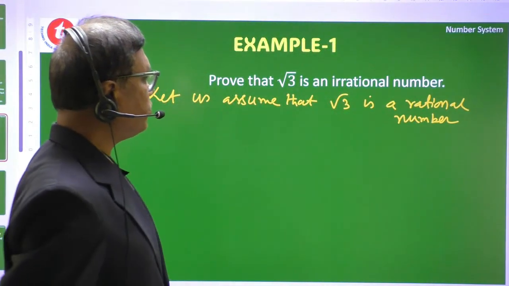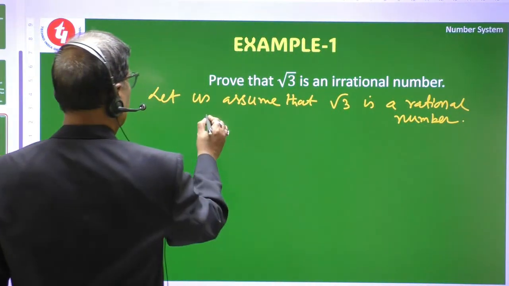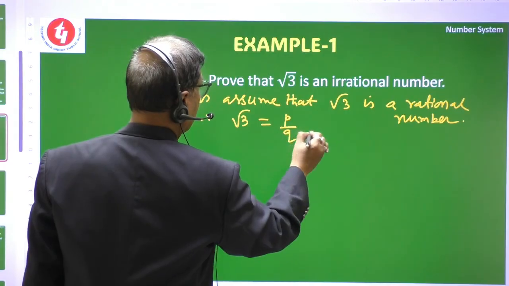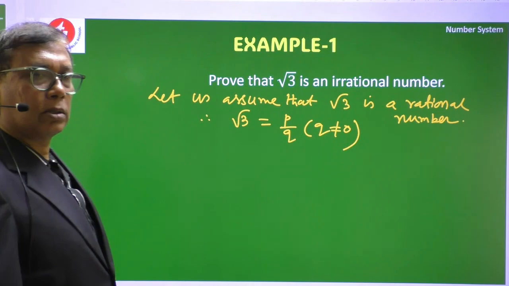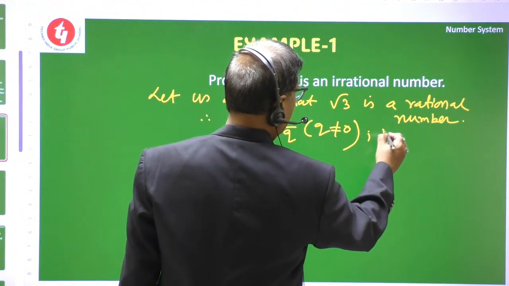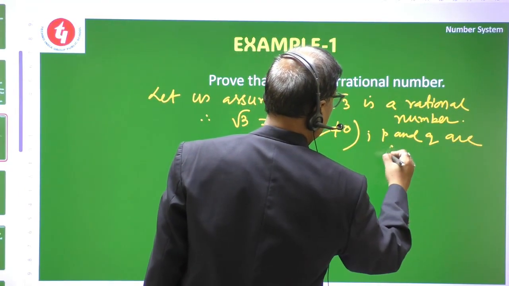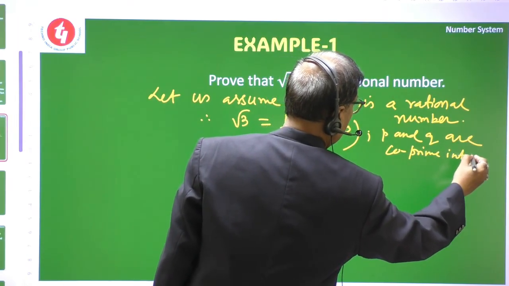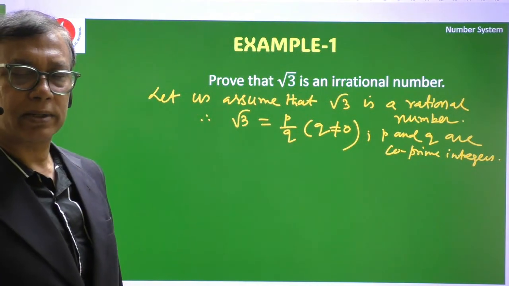Yes. Therefore we can write root 3 equal to p by q where q not equal to 0, and p and q are co-prime integers. Co-prime integers meaning they have no common factor other than 1.